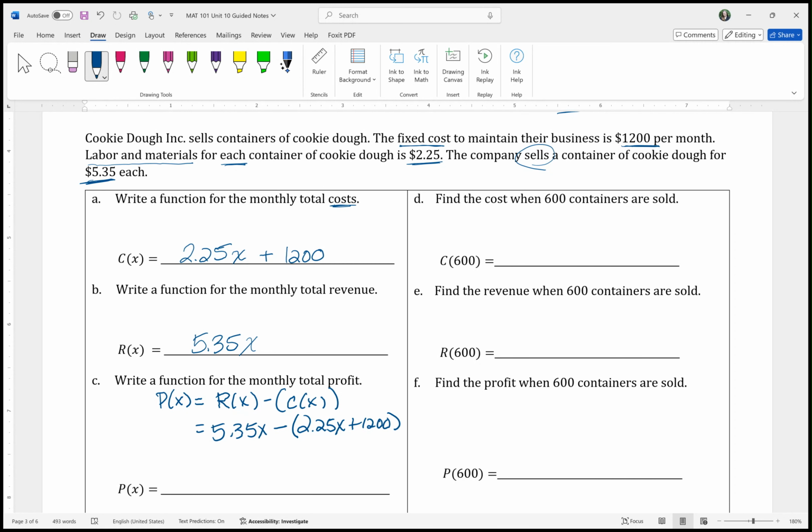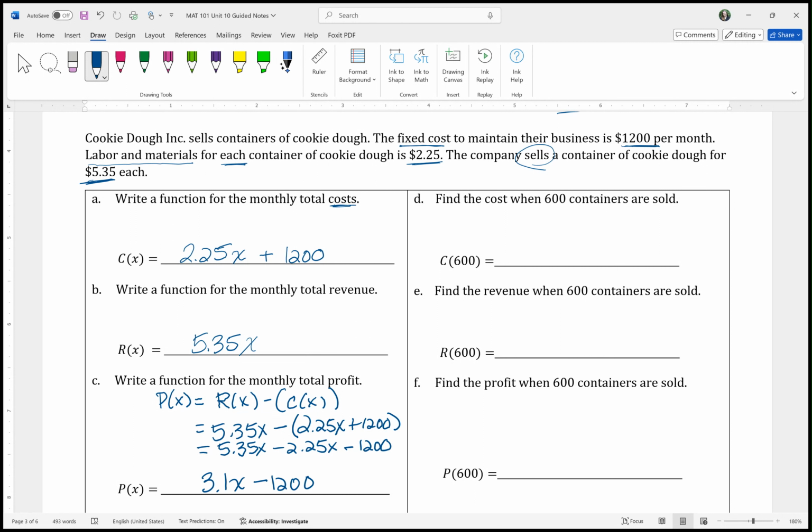Okay, so now we're going to distribute the negative. So 535x minus 225x minus 1,200. And then we have 535x minus 225x is 310x minus 1,200.